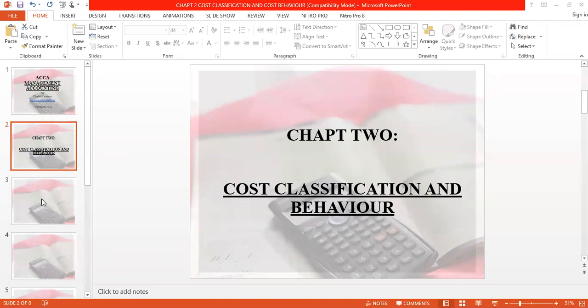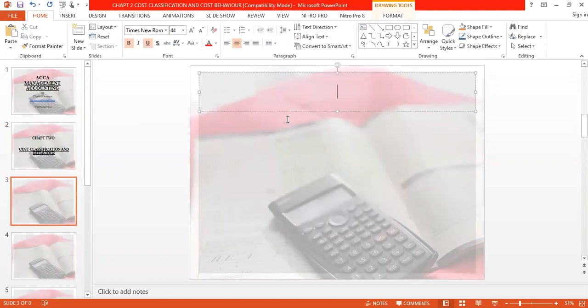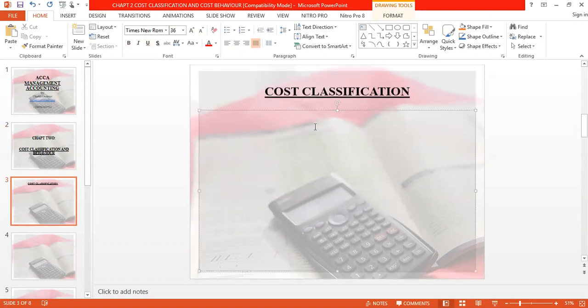Now, let's start by looking at cost classification. Remember, we said what is cost? We started by looking at what cost is.